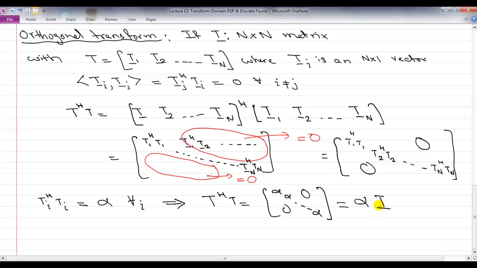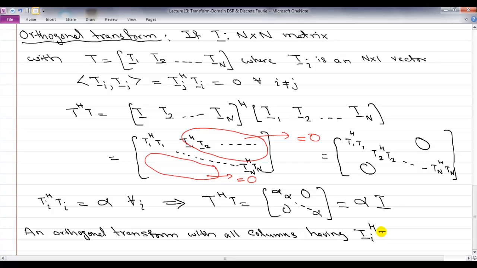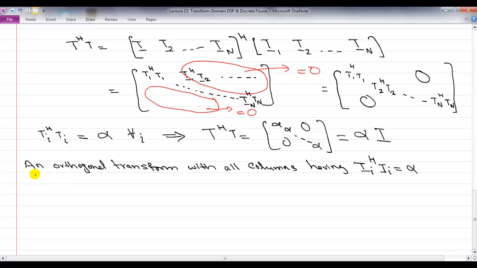So an orthogonal transform with all columns having Ti Hermitian Ti equal to alpha has T Hermitian T equal to alpha times identity.